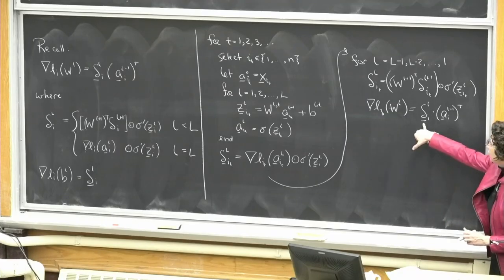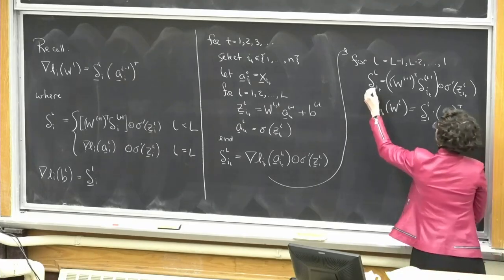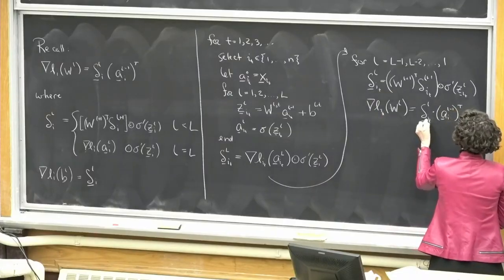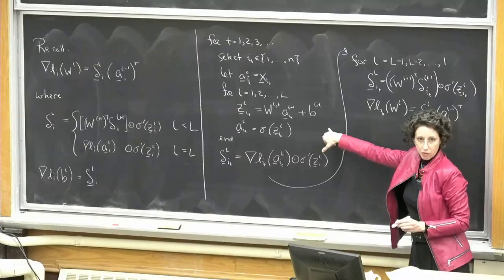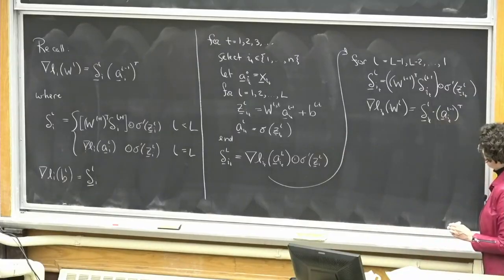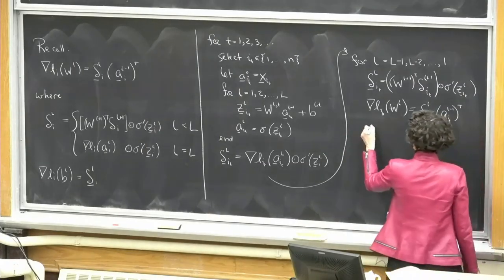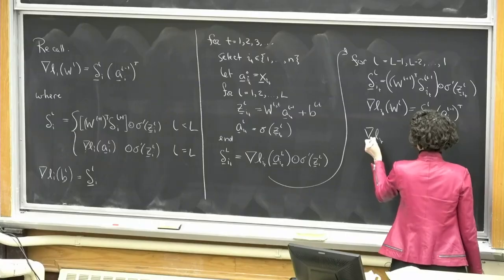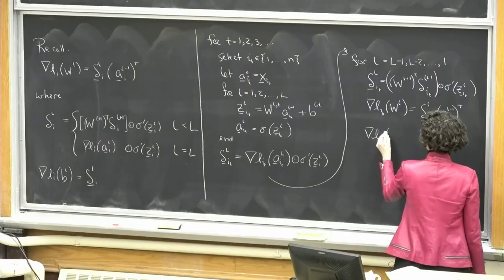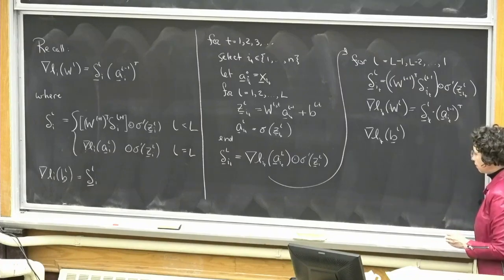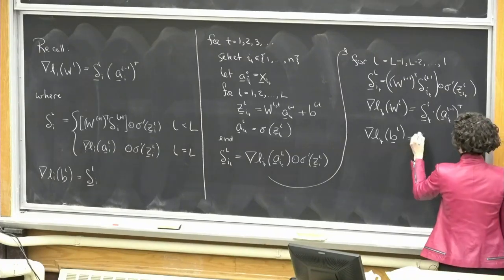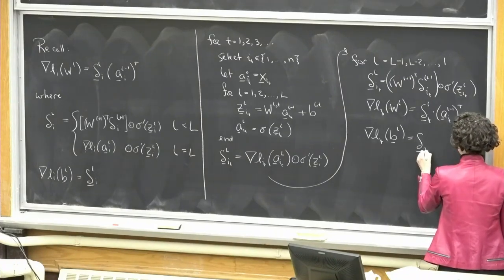Again, I've already calculated this delta, and I computed the A's when I was going through the forward pass earlier. I can also compute the gradient of my loss at sample I_t with respect to my bias vector at layer L, and that is simply this delta_{I_t,L}.